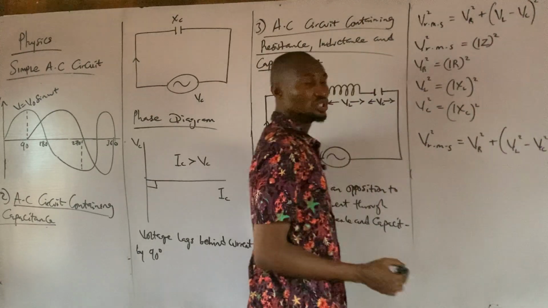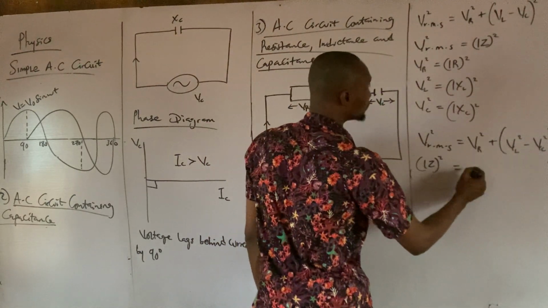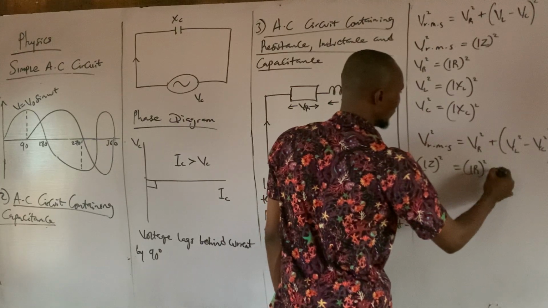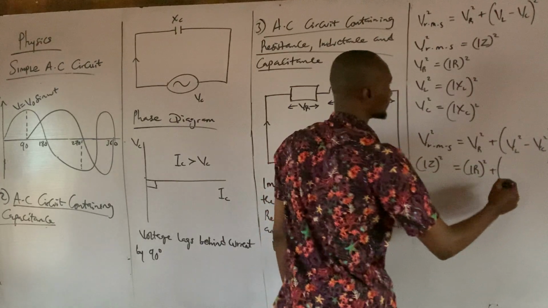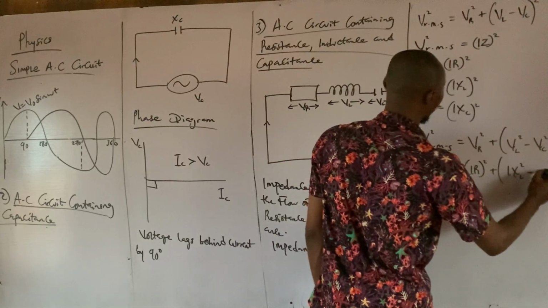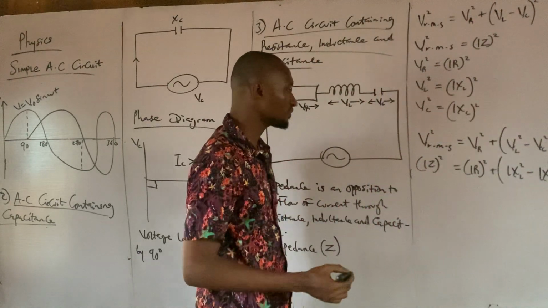Are you there? So now, this is IZ squared equal to IR squared plus bracket IXL squared minus IXC squared.